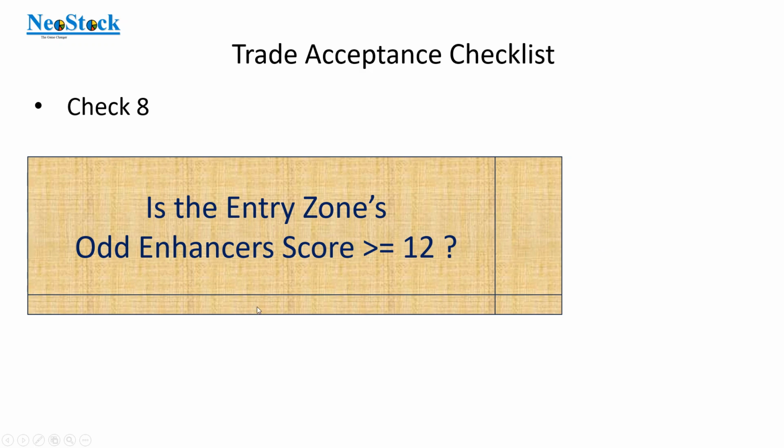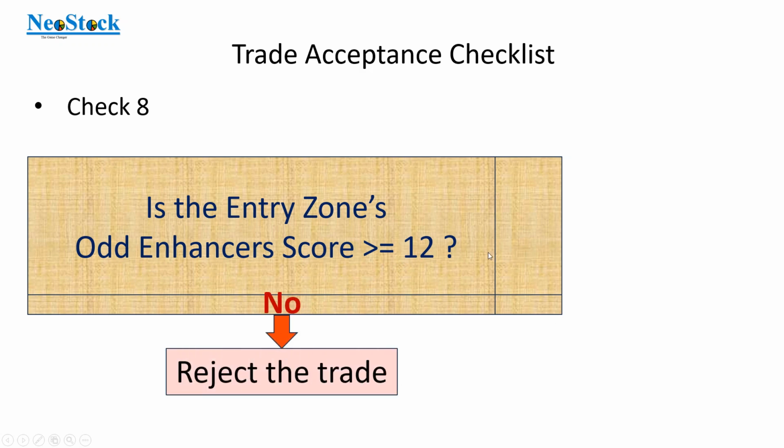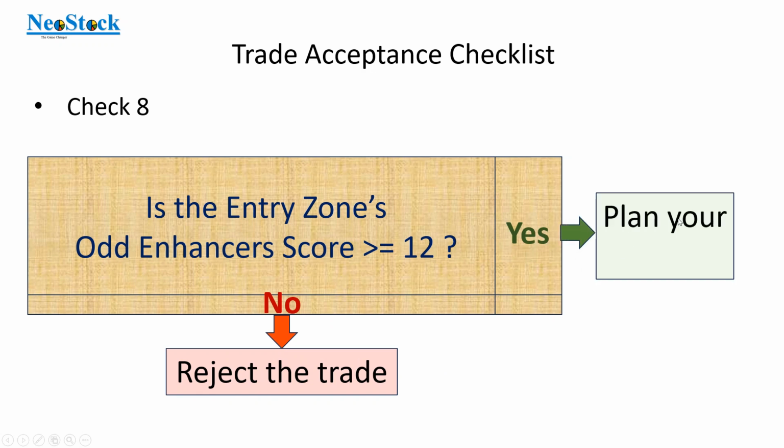If it is not 12 or more, you have to reject the trade. That means if it is less than 12, reject the trade. If the answer is no, reject the trade. If the answer is yes, now you can plan your trade.